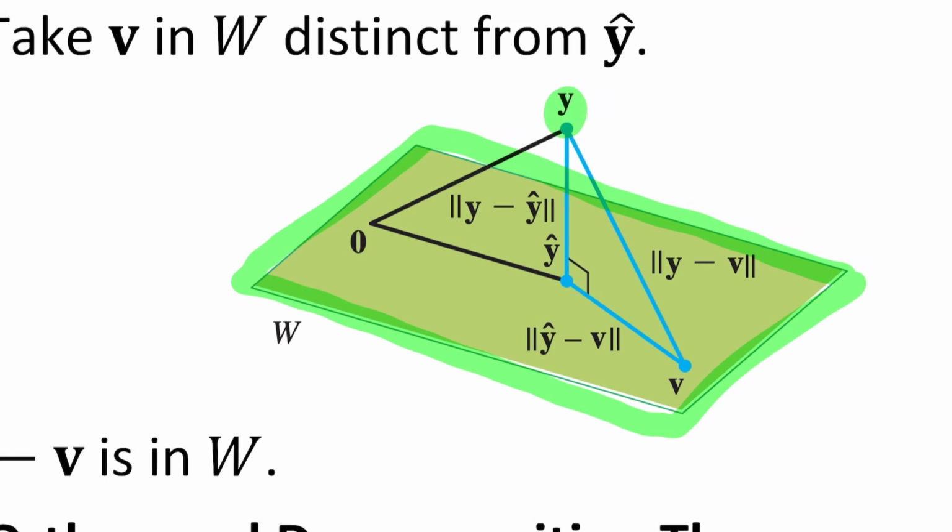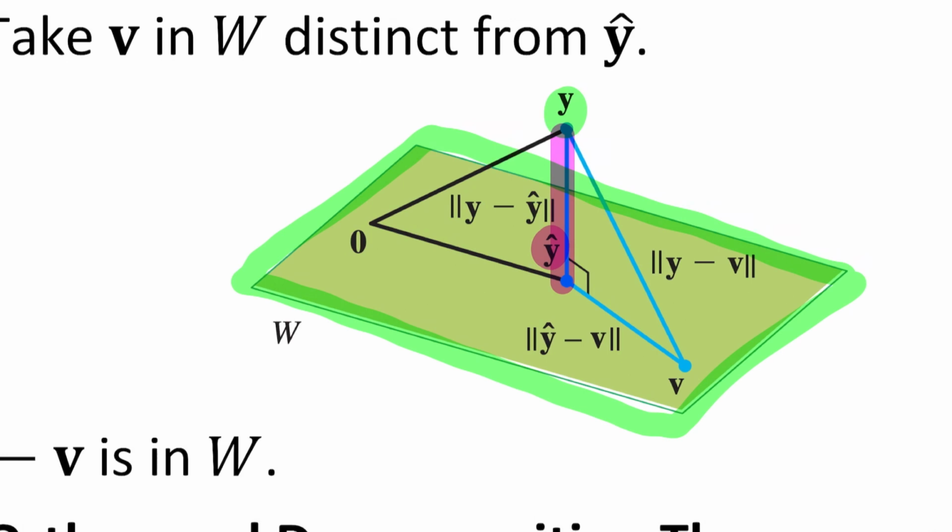Then we already know y hat, the orthogonal projection of y onto the W space. Then we want to know whether this distance between y and y hat is the smallest distance.